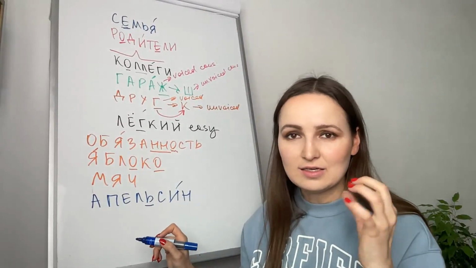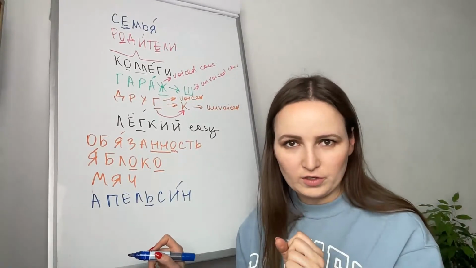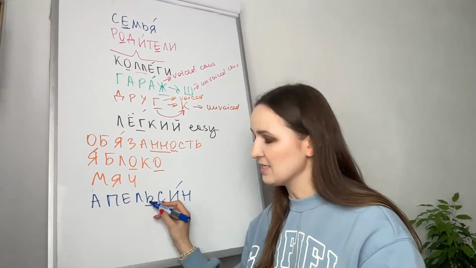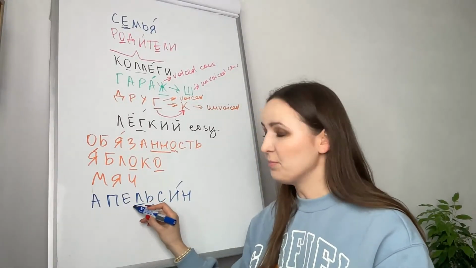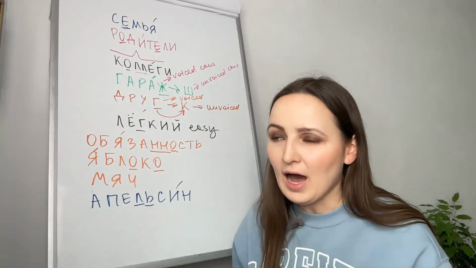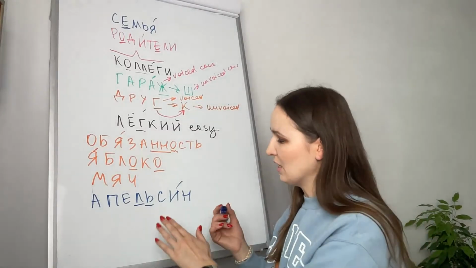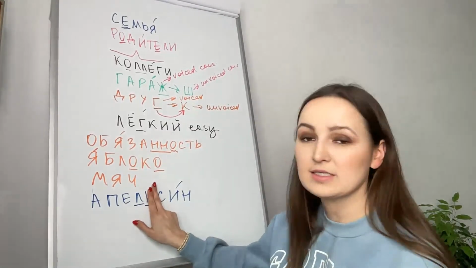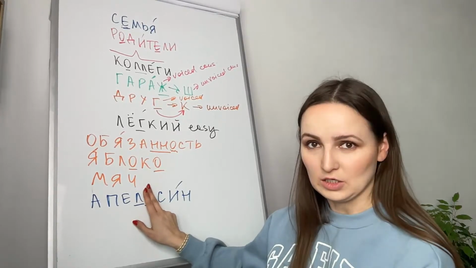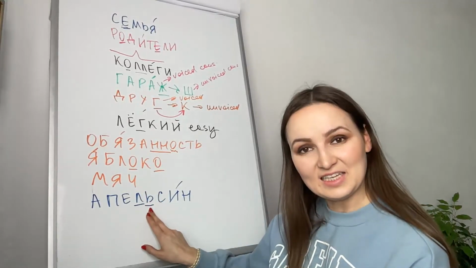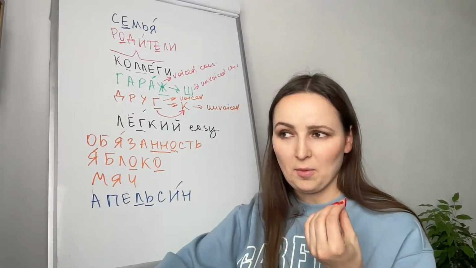It's not L, it's L, softer, because we have a мягкий знак here that softens the letter before it. Апельсин. So don't pronounce it as it is written, we don't have мягкий знак here. No. Апельсин.